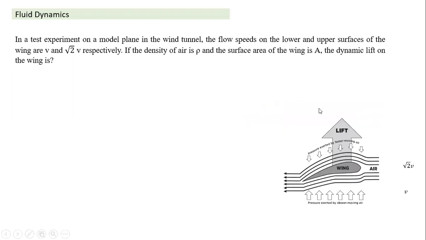Okay. What are the other applications of Bernoulli? See, in fact, very commonly we talk about aircraft. Some of you might have noticed that aircraft takeoff and landing are basically controlled by the wings, what we see there.